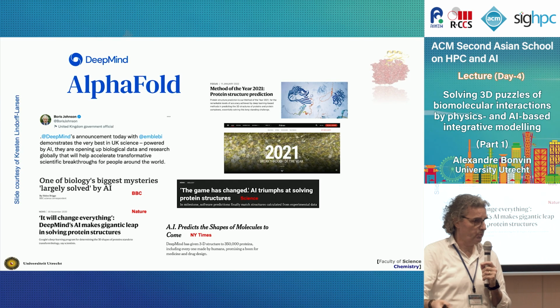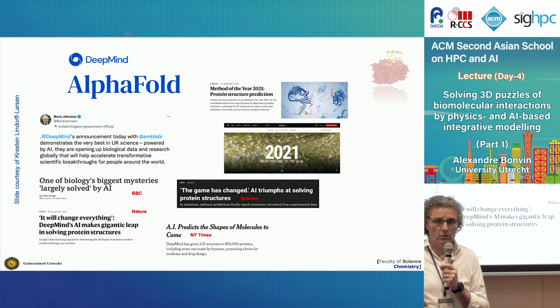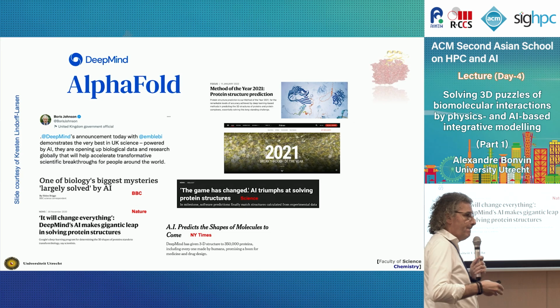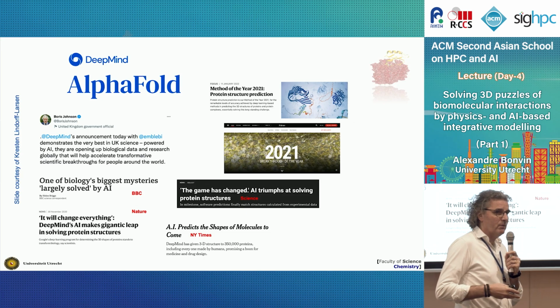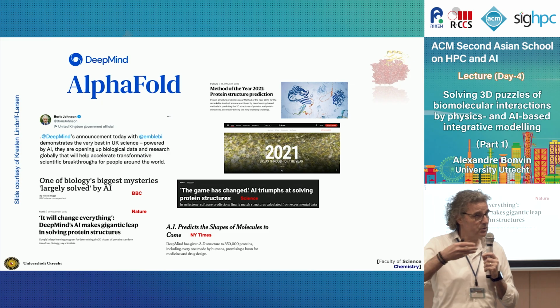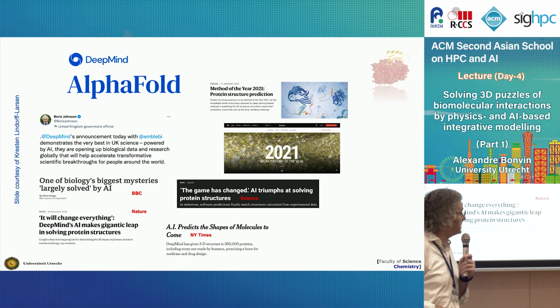So it's a structure prediction, but not the way that the protein folds. There are many diseases related to misfolding events or things happening during the course of folding, and you cannot study those really well with AlphaFold. So you will need methods like molecular dynamics, for example, if you want to study folding processes.